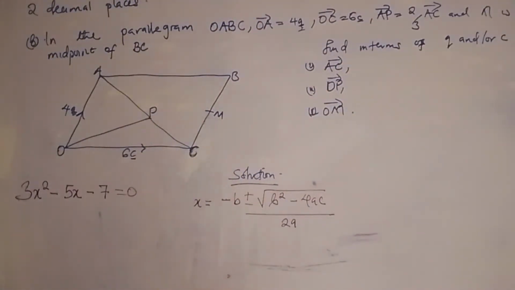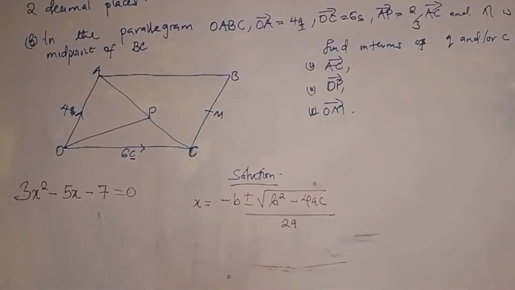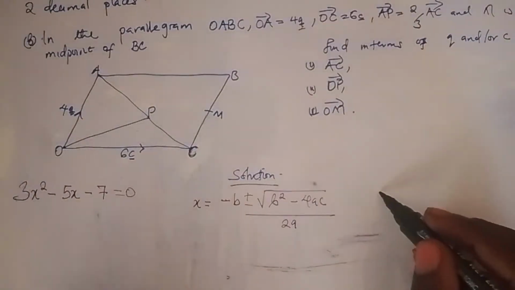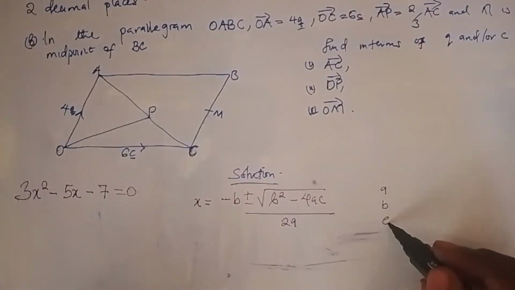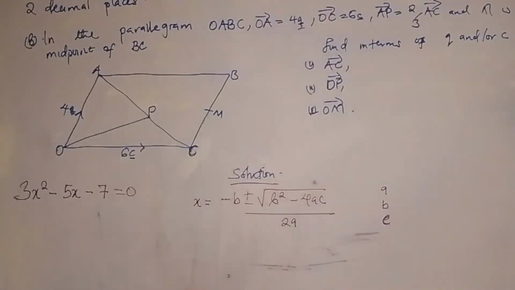Step 1 is for you to identify the letters. We have A, B, and C. These are the 3 letters which you need to identify for you to solve this question effectively. So now how can you identify them?